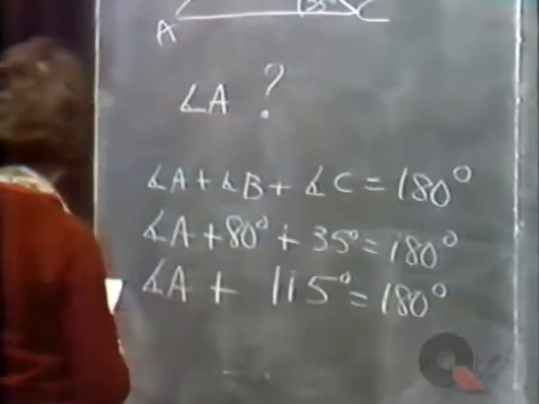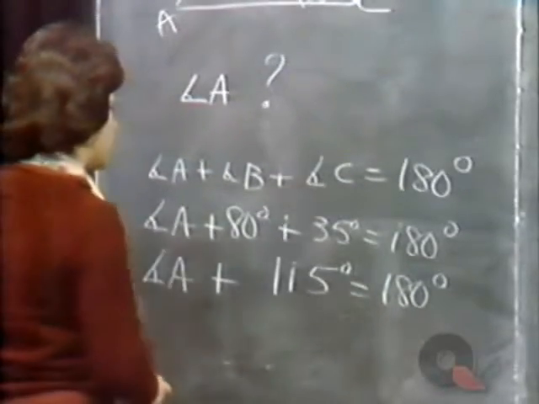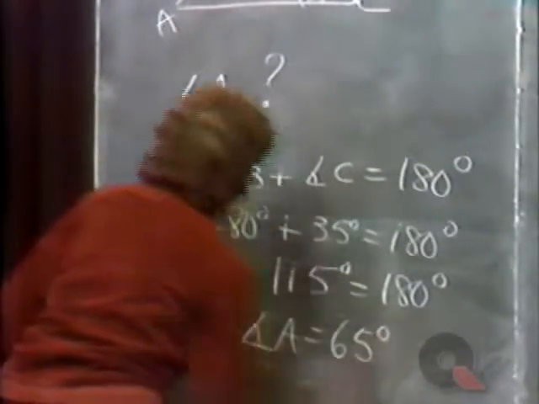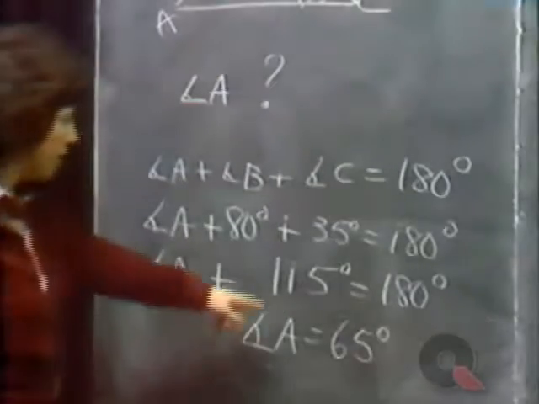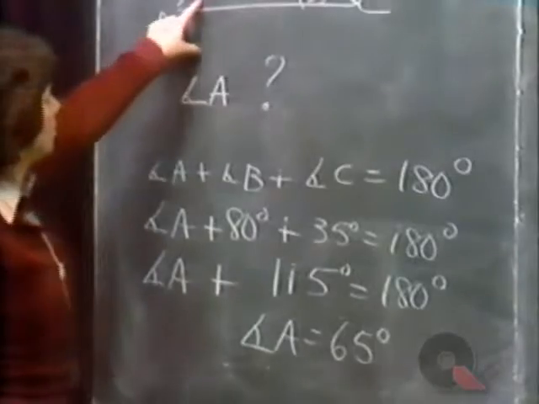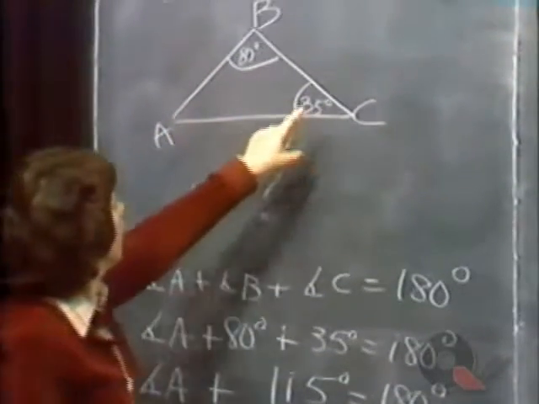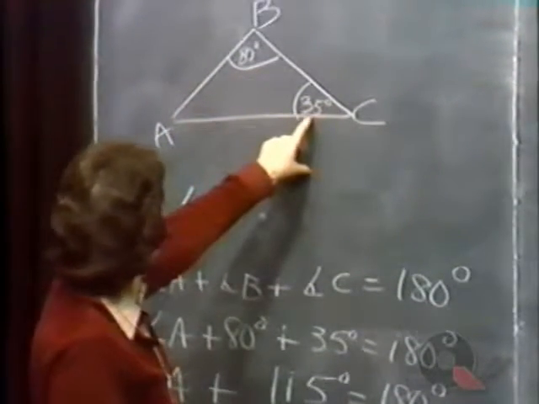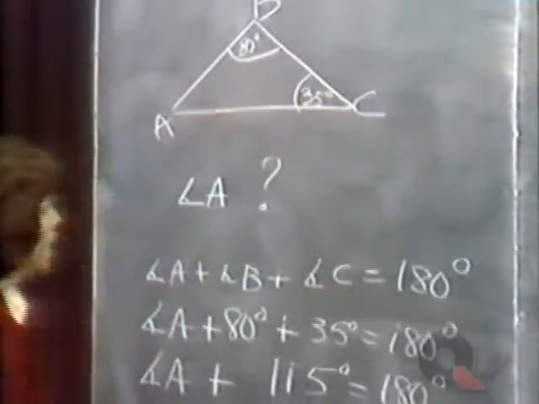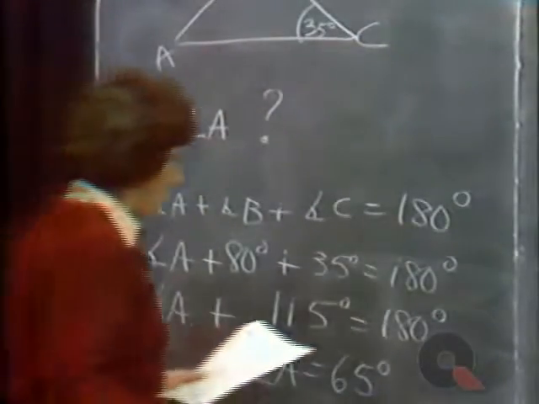And subtracting 115 degrees from both sides, we see that angle A must be 65 degrees. 65 and 115 gives us the 180. 65 and 35 gives us 100, and 80, 180. The angles add up to 180 degrees.